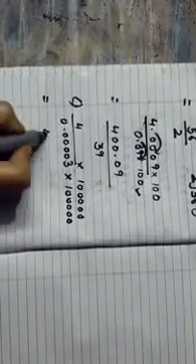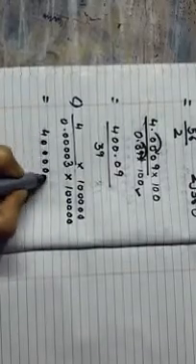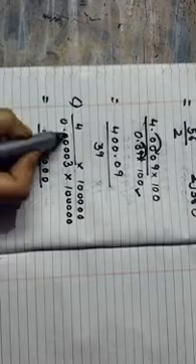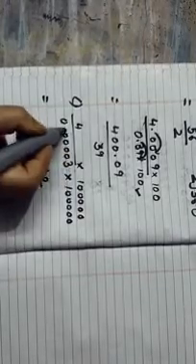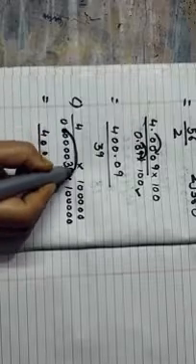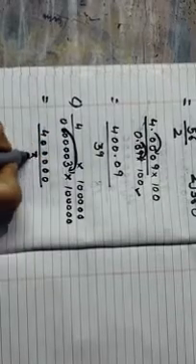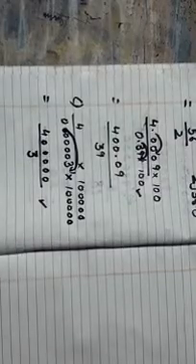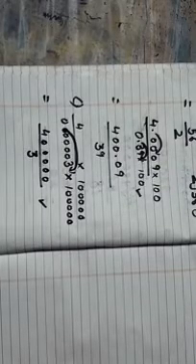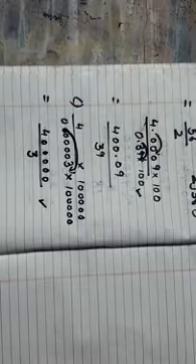So this number will become 4 lakh, and this number, as the decimal jumps over 5 digits, will become 3.0, or we can say 3. Now you can easily divide. So this is the whole idea about decimal division.